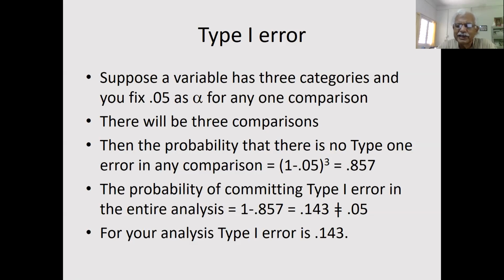If there are three comparisons, and in each case you fix P to be 0.05, then the probability of not committing type 1 error in the entire analysis would be (1 minus 0.05) raised to power 3, because you are not committing type 1 error in the first pairwise comparison, second pairwise comparison, third pairwise comparison.